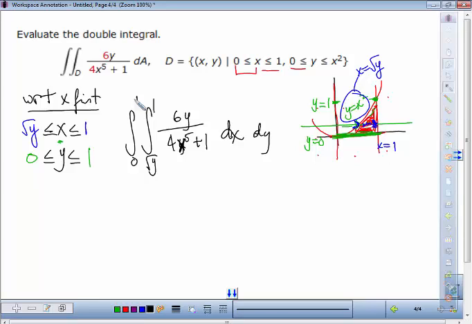So if all I ask you is to set up the integral, which I'll be asking you quite a bit in a lot of these problems, then we're done. But if you're doing homework or I asked you to continue on and finish this integral, let's take our next step. What's our next step? Well, our next step is to integrate this, right? Let's integrate this with respect to x.